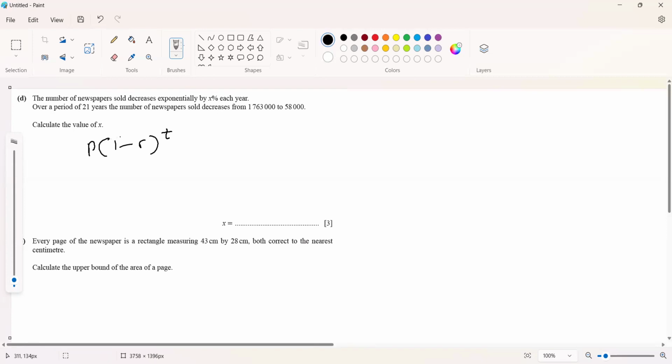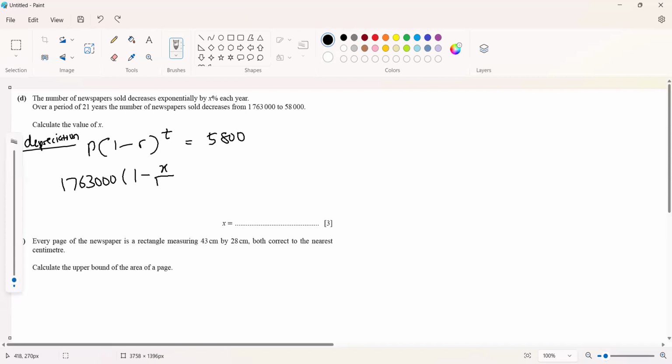However, this is a decrease, which we call exponential decrease or depreciation. When it is 1 minus r to the power t, we call this depreciation. The initial value was 1,763,000, so 1.763 million, and the number fell. We do not know the percentage, so I'll just put 1 minus x first. X percent is x over 100.